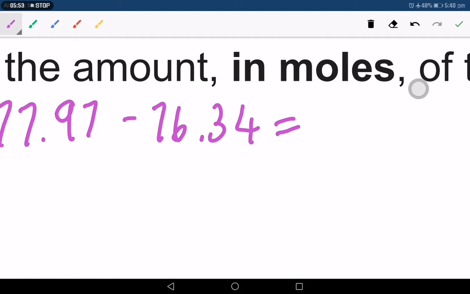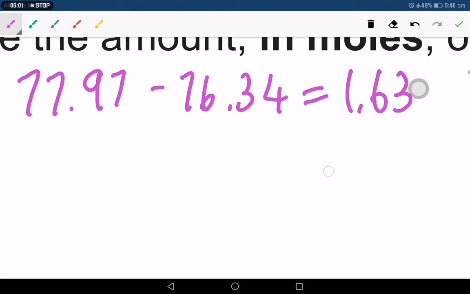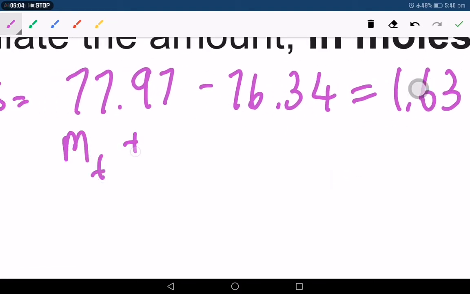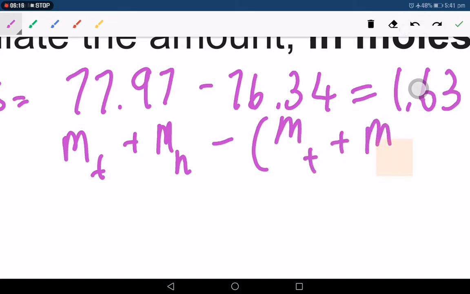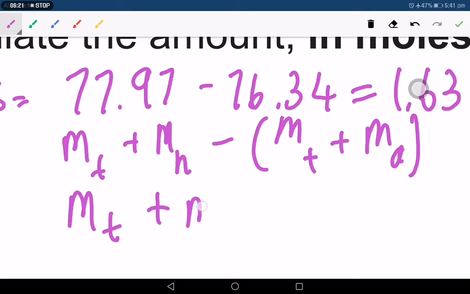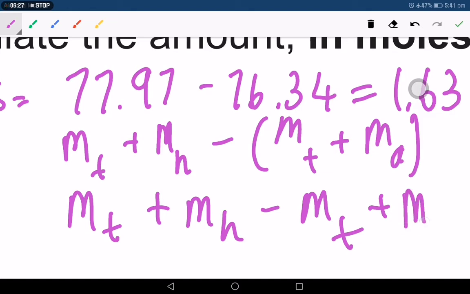It doesn't matter, because the mass of the tube is always there. So it's mass of tube plus mass of the hydrated salt, minus mass of tube plus mass of the anhydrous salt.